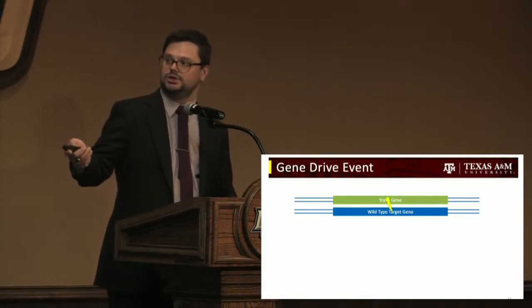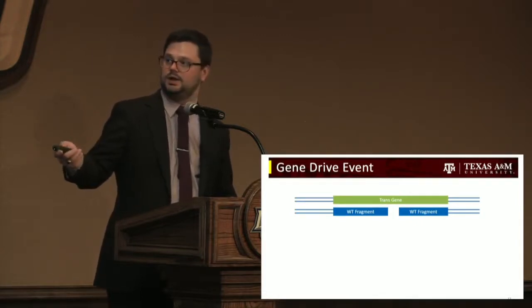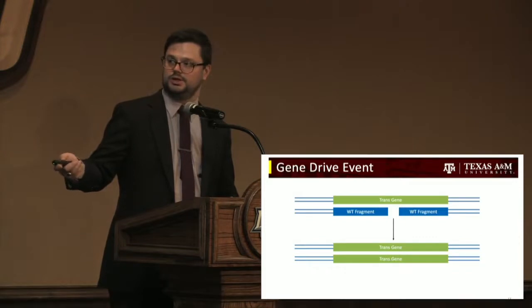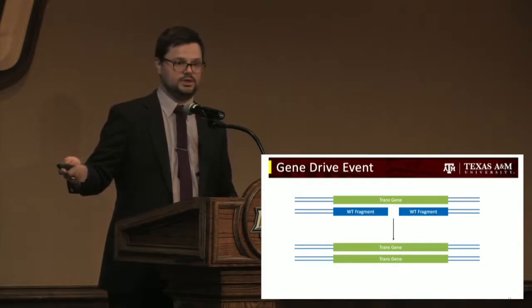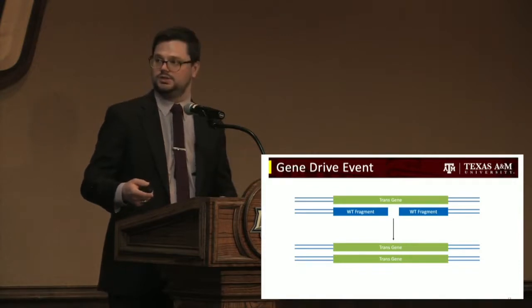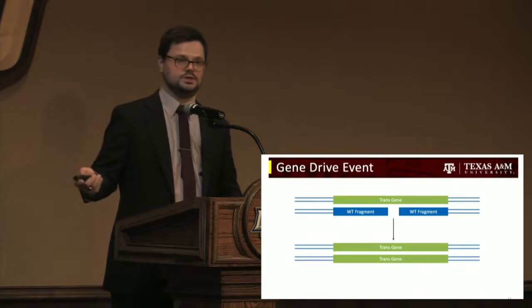And so it'll generate a double strand break in the wild type. And then if homologous recombination happens, then it uses the transgene as a template to repair the wild type. And so the transgene is copied over the wild type. And so that's how it doubles itself within that generation, so that it's passed on as homozygous instead of heterozygous.